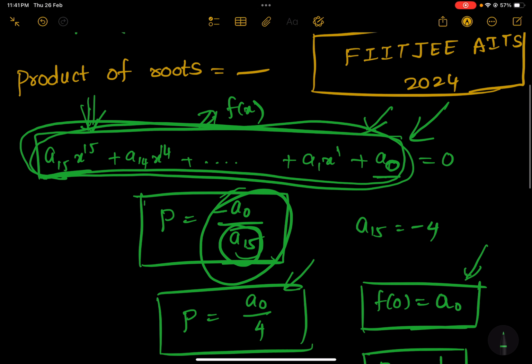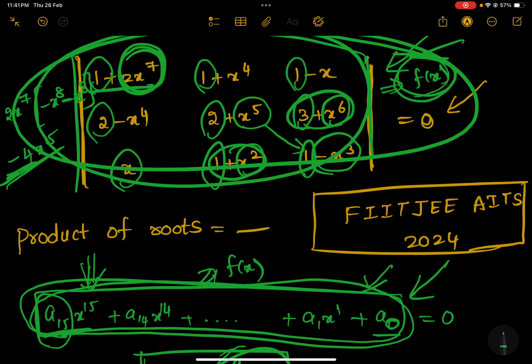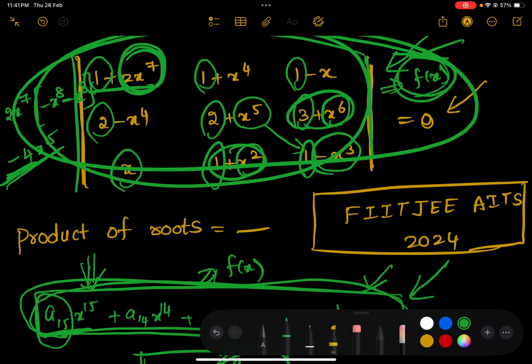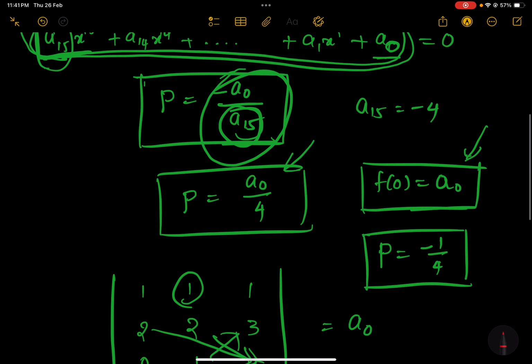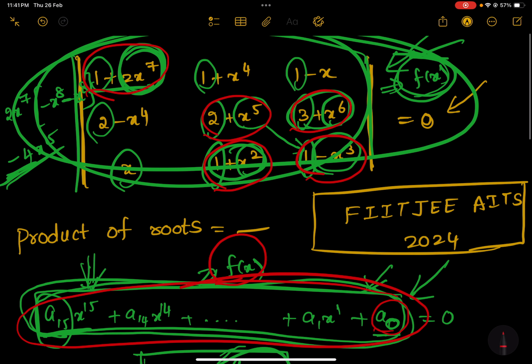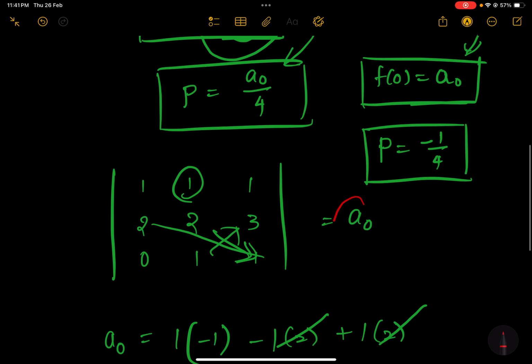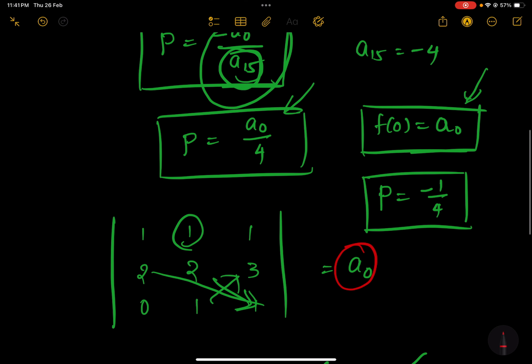The third is that the coefficient of x to the power 15 is minus 4, achieved when you multiply these terms. The fourth is that putting x equal to 0 into this polynomial gives you a naught. Since this determinant is also f of x, putting x equal to 0 into it gives you a naught. That is how we calculated a naught, and the product of the roots is simply minus 1 by 4.